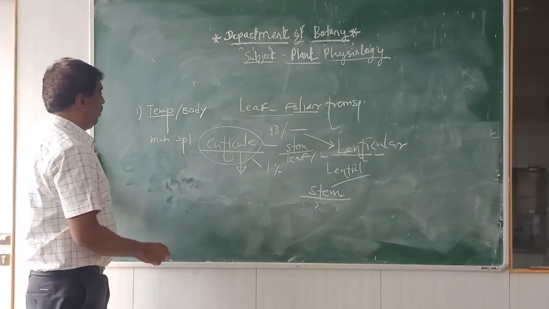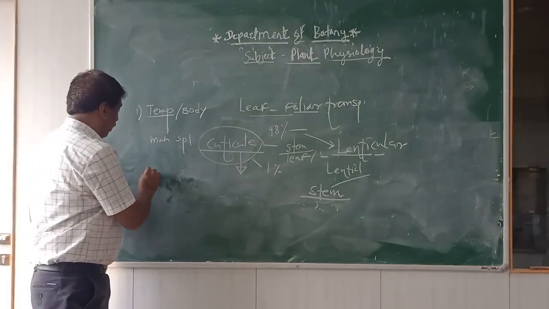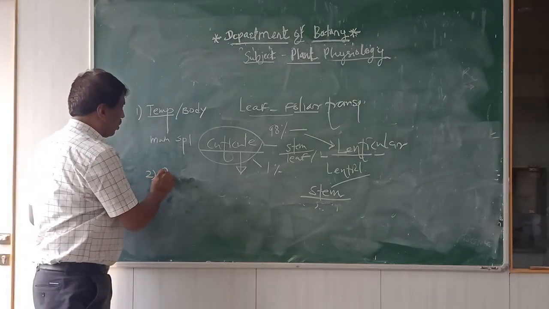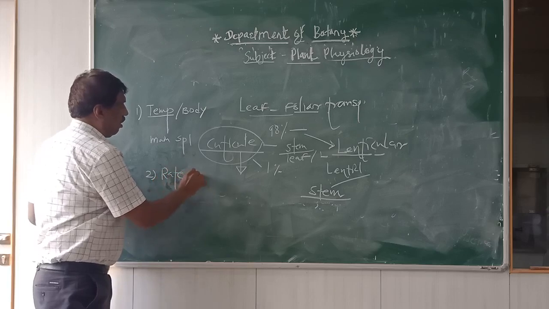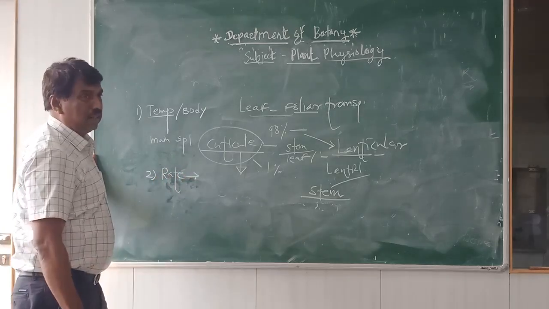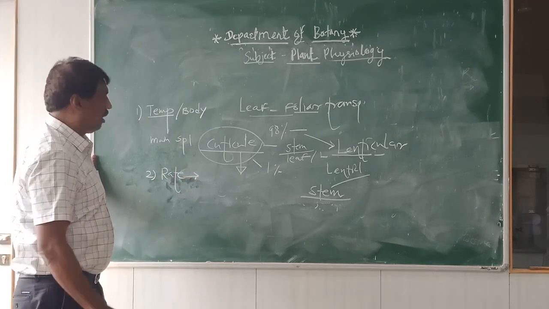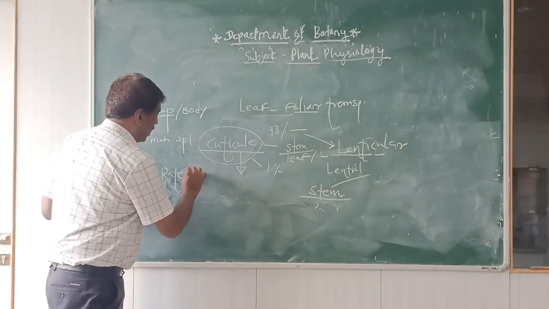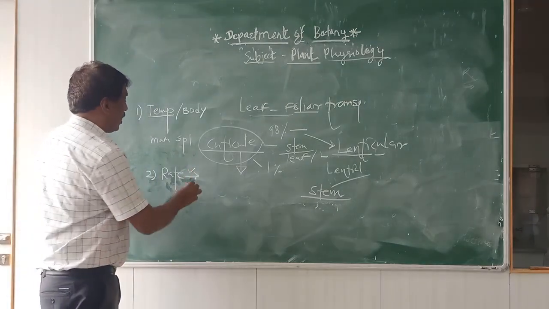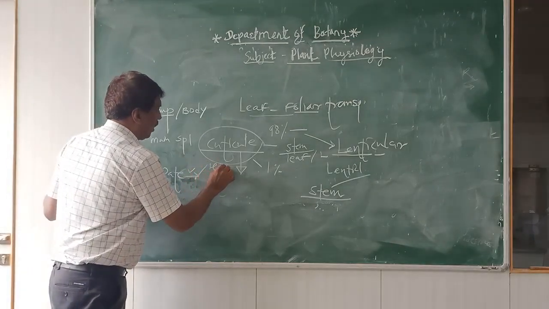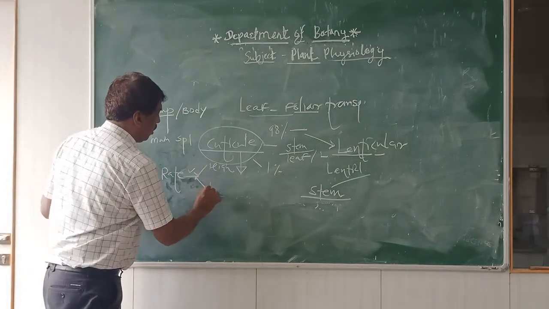Second point is that the rate of transpiration depends on surrounding conditions, or certain biotic as well as abiotic factors. They actually govern the rate of transpiration. Many times the rate of transpiration may be high, sometimes the rate of transpiration is low.